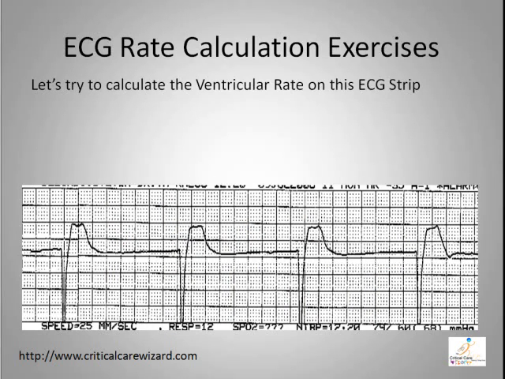Let's try to calculate the ventricular rate on this ECG strip. Count the number of QRS complexes in a 6-second strip. Number of QRS complexes is 4, so the ventricular rate is 40 per minute.